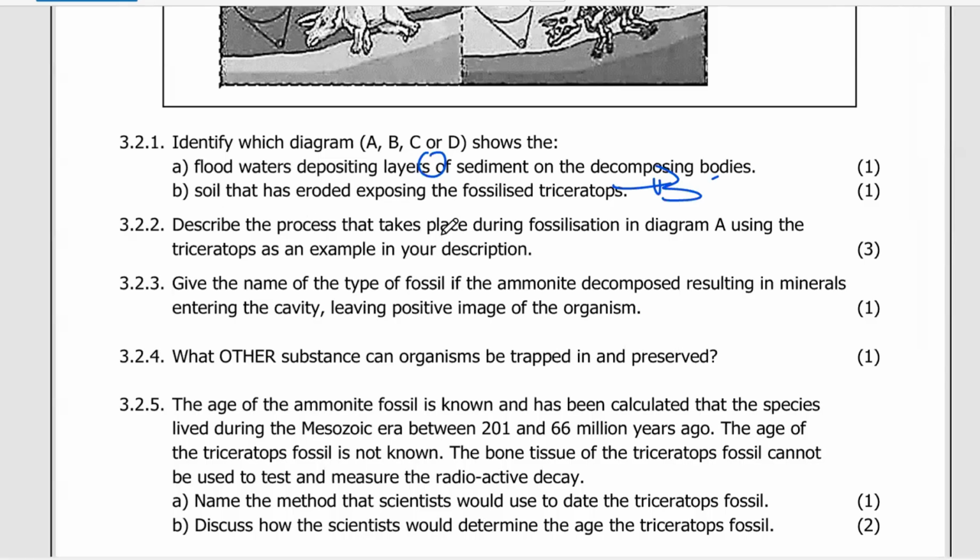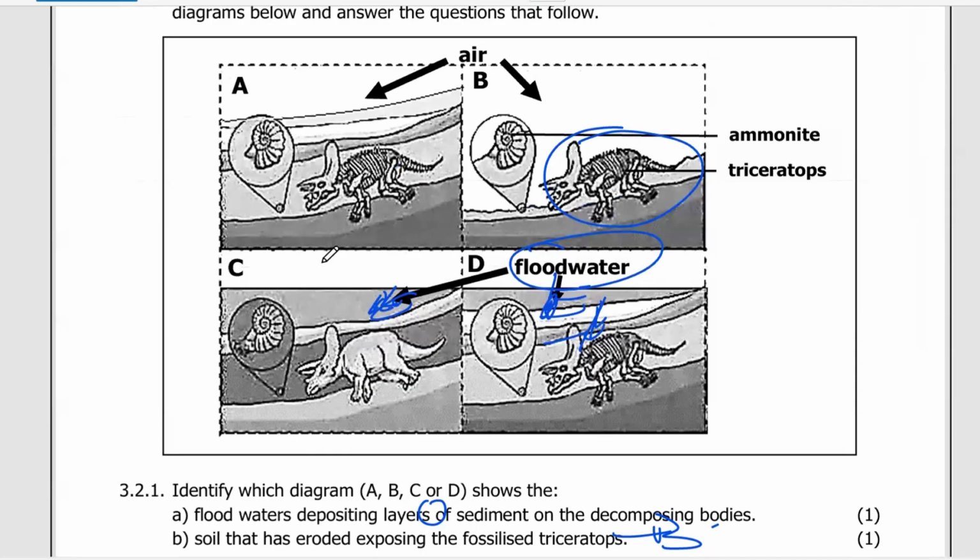So on diagram A, you can say that layers of sediment accumulate and are compressed over the bones of the triceratops, making them hard to form a sedimentary rock.